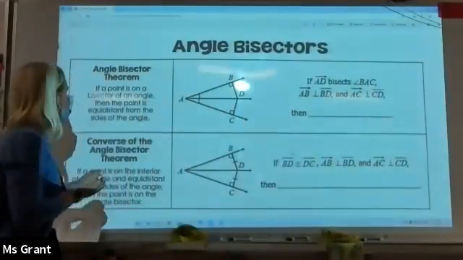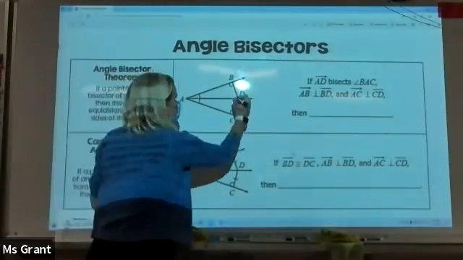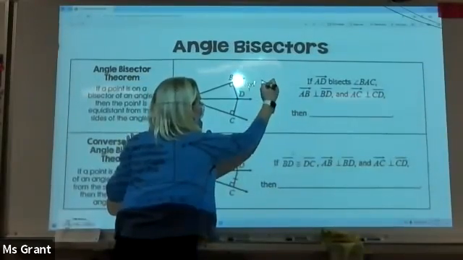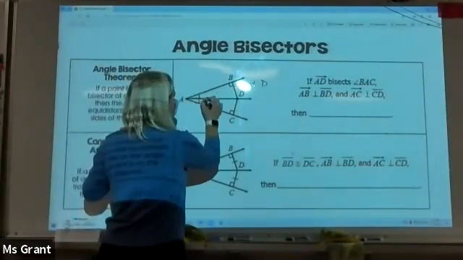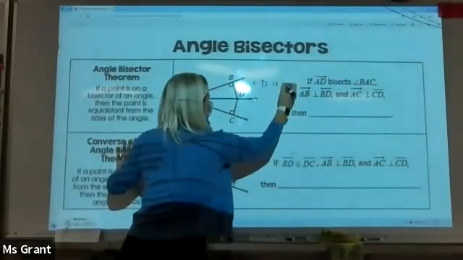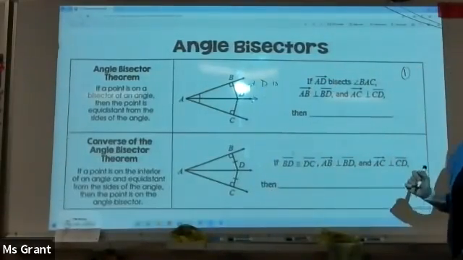So here we go. If a point is on a bisector of an angle, that would be like point D. If point D exists and it is on the line, oh, look, guys, this is a ray. Okay, hold on. Let's do it like this. Let's keep it consistent.